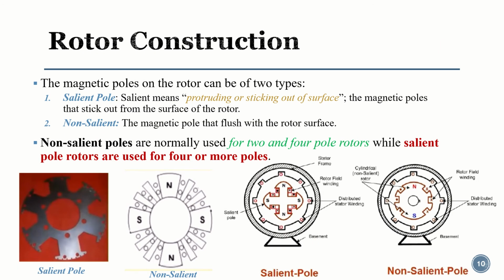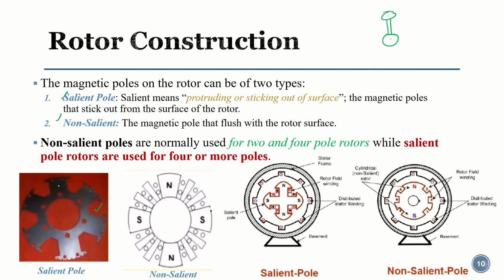From the construction point of view, we have a rotor and the stator. The rotor can be categorized into two types: one is the salient pole rotor and one is the non-salient pole rotor. If I draw this one, this is a two-pole rotor, and the salient pole rotor shape looks like this one.